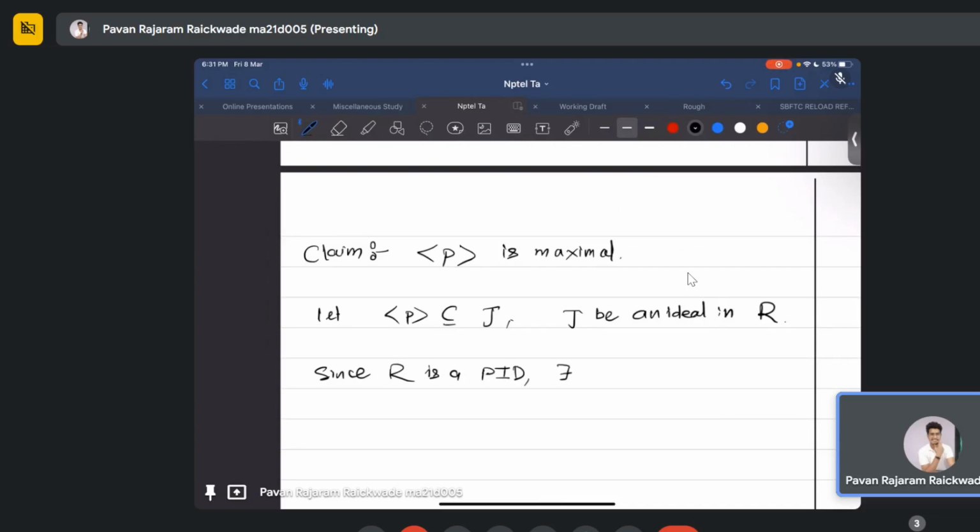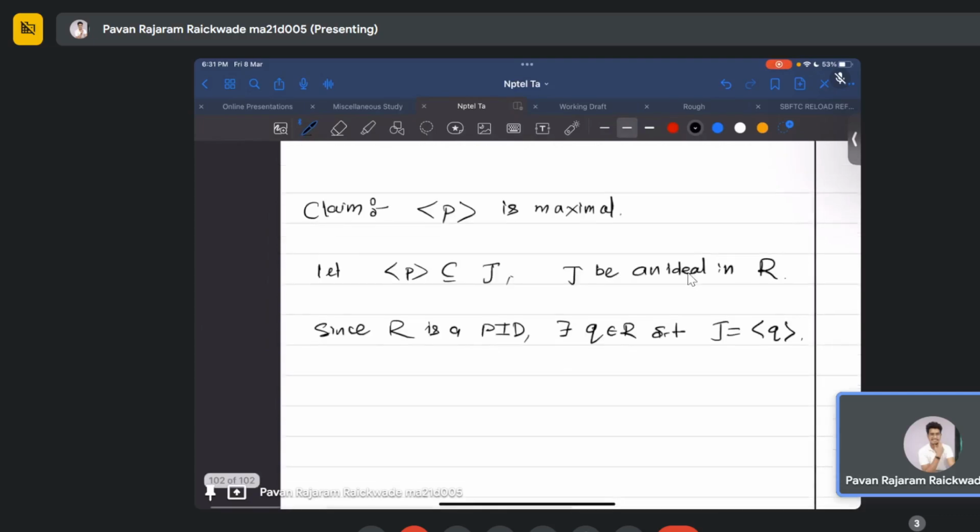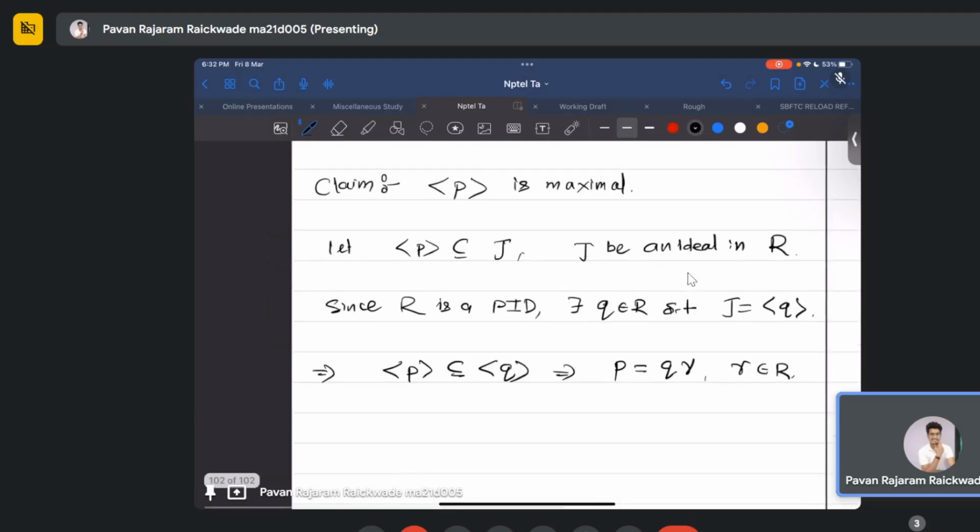there exists an element, let's say Q, so that J is the ideal generated by Q. Every ideal is principal; that's what principal ideal domain means. So this implies the ideal generated by P is contained in the ideal generated by Q. This implies P equals some Q times R, because P belongs to the ideal generated by Q. Now we'll use that P is irreducible.